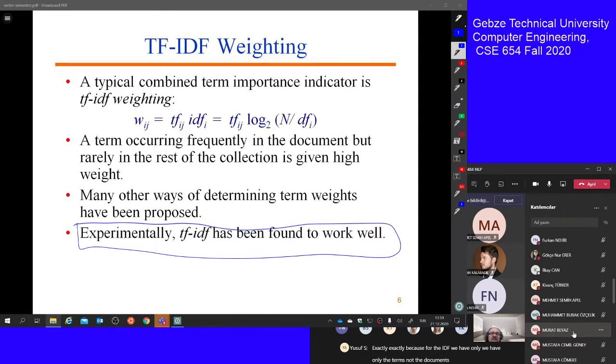IDF means inverse document frequency, so we are talking about how many times this term has happened in the whole document set. Term frequency is how many times this term happened in a specific document. Okay, that's good. Thank you, Murat.